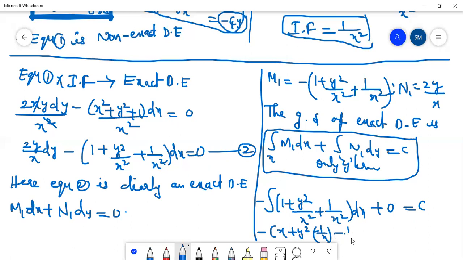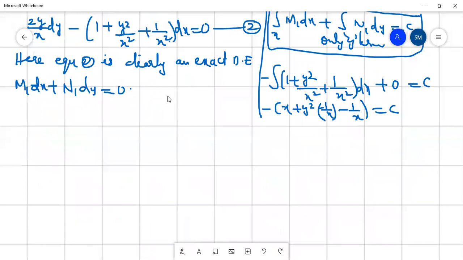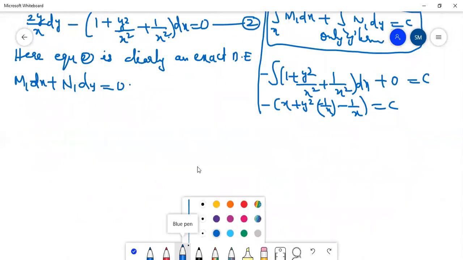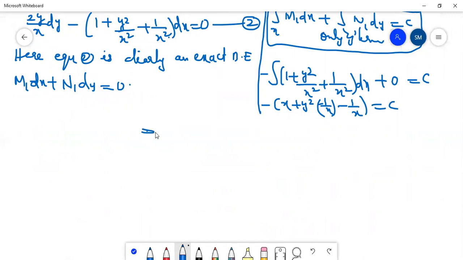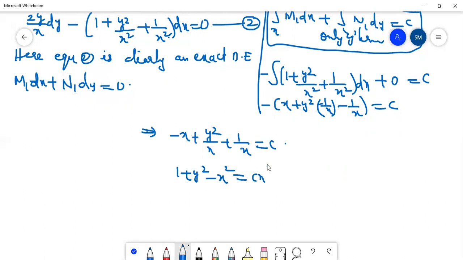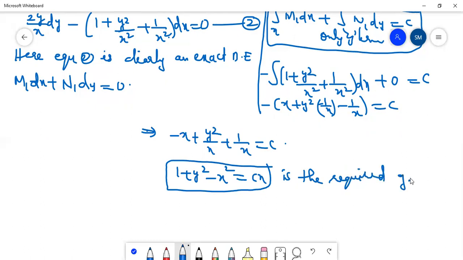From this, minus x plus y squared by x plus 1 by x equal to c. Taking the LCM, 1 plus y square minus x square equal to cx is the required general solution of equation 1. This is the procedure.